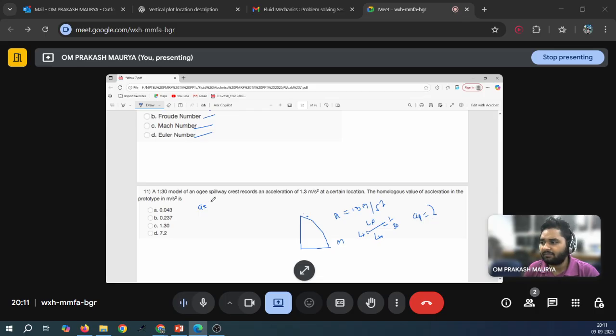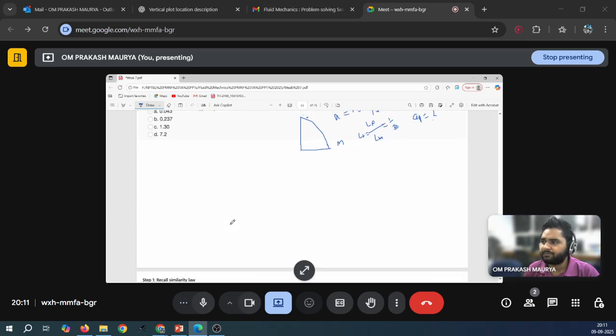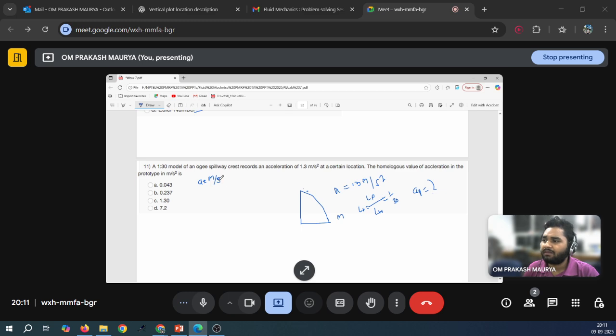So acceleration is nothing but, the unit of acceleration is meter per second square. And you know already the velocity is meter per second, and time is t.